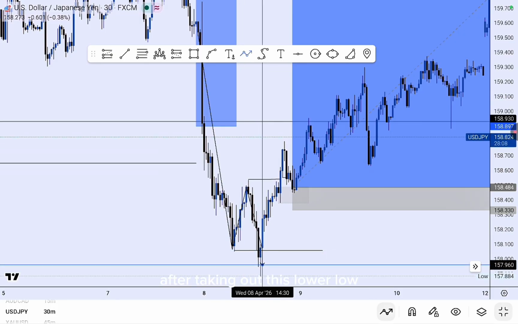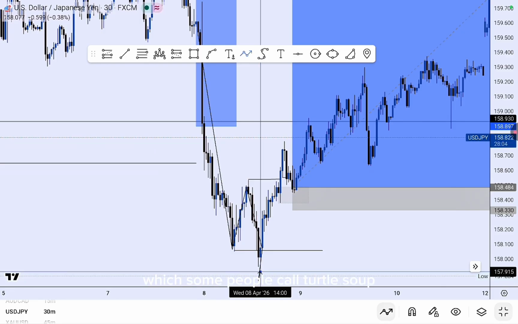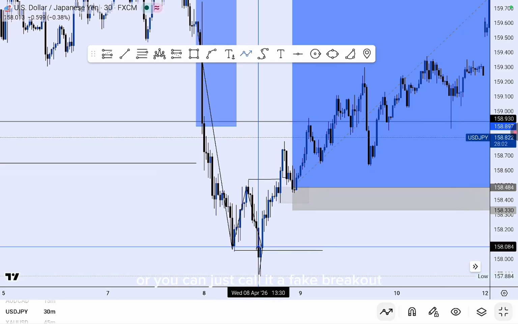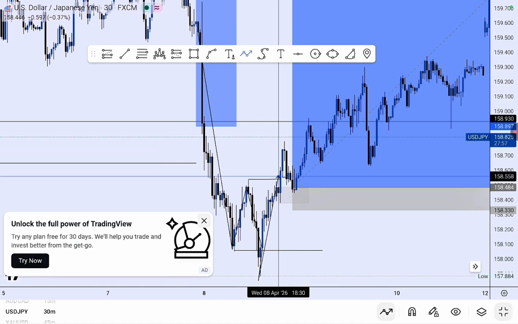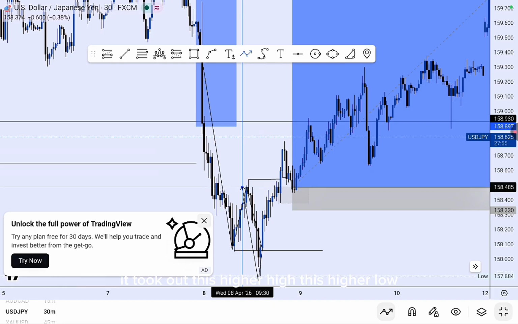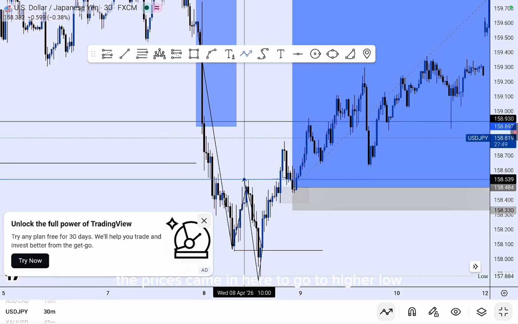After taking out this lower low, this here is a fake breakout, which some people call turtle soup, or you can just call it a fake breakout. So after the fake breakout, it took out this higher low. The price just came in here and took out this higher low.